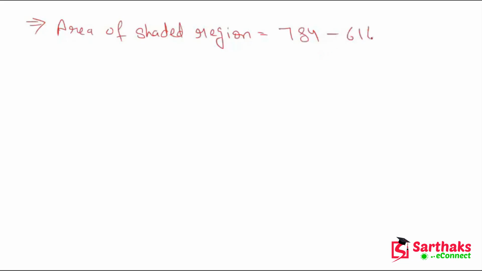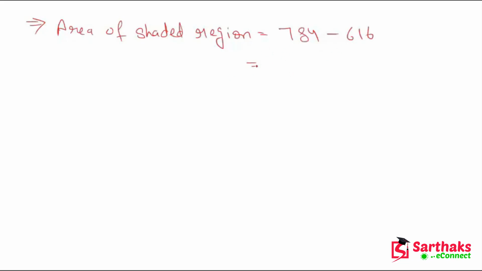Area of shaded region is equal to area of square, which is 784, minus area of circles. What is the area of circles? 616.